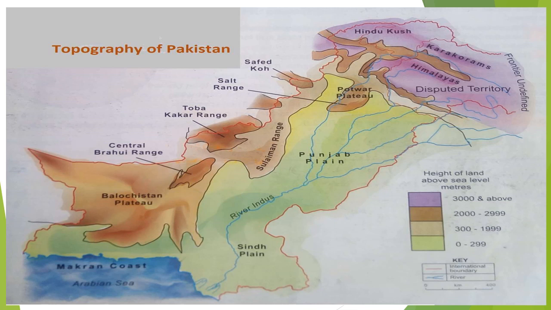So this is the topography of Pakistan. Now for your kind information, my dear, here in Pakistan there are 3 deserts. Kharan Desert is in Balochistan, Thar Desert is in Sindh, and Cholistan Desert is in Punjab. So these are the 3 deserts in Pakistan.